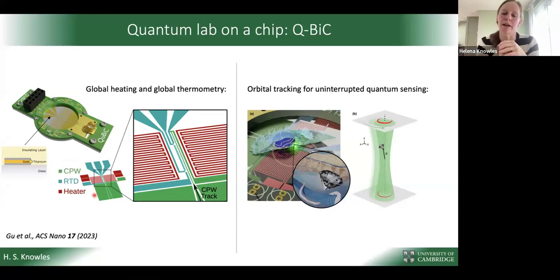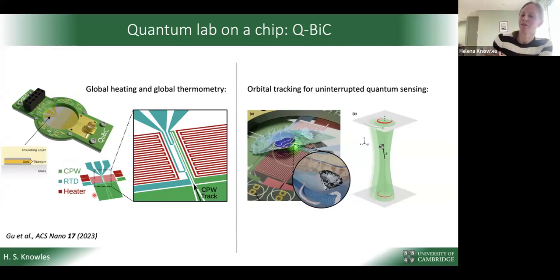So this orbital tracking is based on a circular path of the beam that goes around the nanodiamond, which gives us, of course, if it moves away from the diamond, we see the signal drop. And from these sinusoidal curves and looking at the phase of that curve, we know which direction the nanodiamond moved, and we can make slight modifications to its position, and we can track the nanodiamonds in these systems.